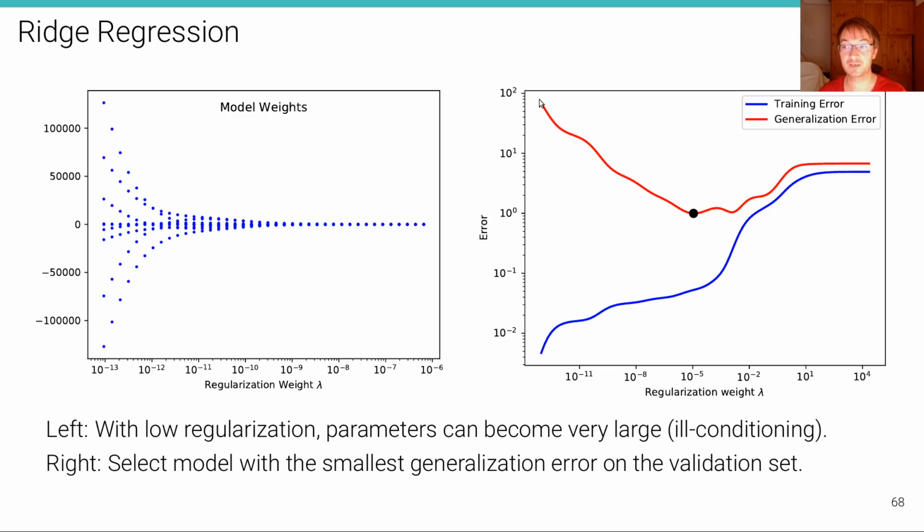So the training error is very small, but the test error is very large. And then we have this side here where both the training and the test error are large. And we want to choose this point here, which is where the generalization or test error is the smallest, using a validation set.